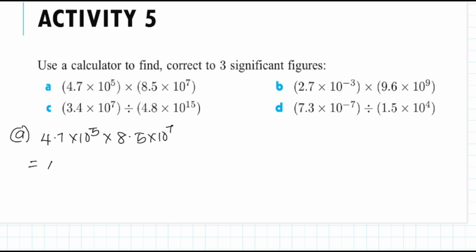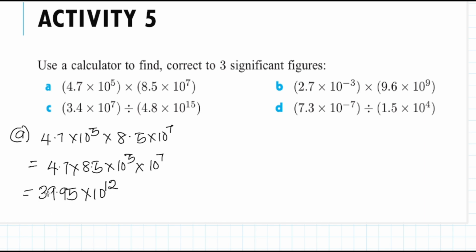So you collect like terms as usual. That will be 4.7 times 8.5 times 10 raised to the power 5 times 10 raised to the power 7. Okay, and then we use calculator to multiply 4.7 by 8.5, and the answer will be 39.95 times 10 raised to the power 5 plus 7, that will be 12.